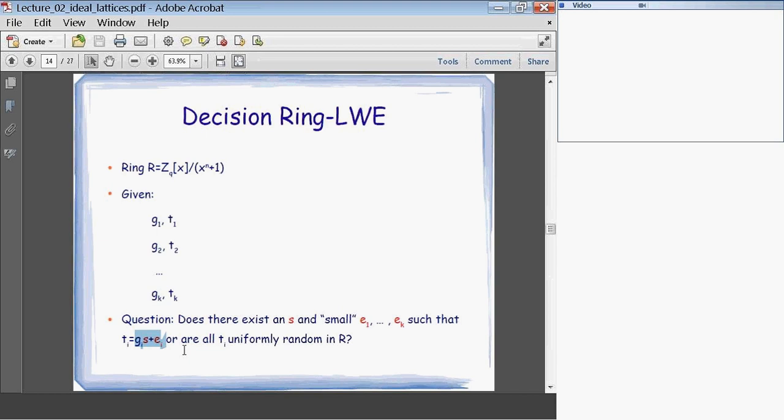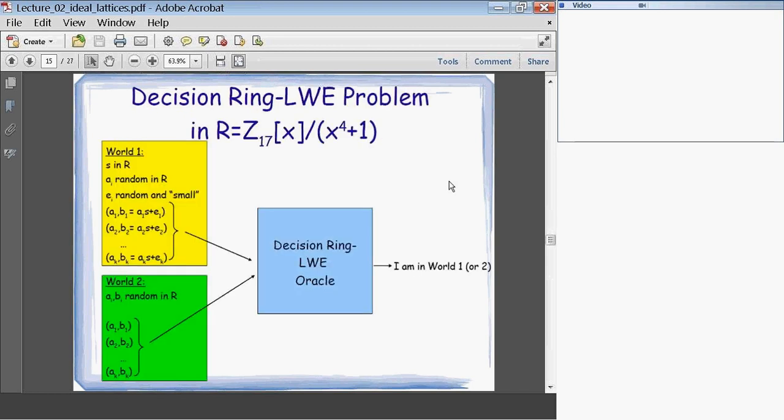It's something that looks totally random. So if it's random, you don't even know whether it was randomly generated or generated using this scheme. That's the idea behind the decision formulation of Ring-LWE. And those two can be shown to be equivalent.